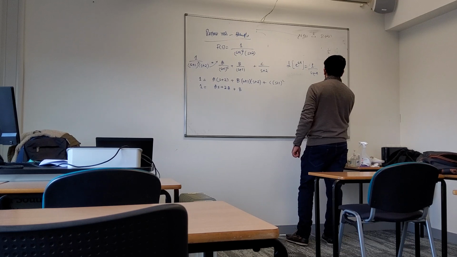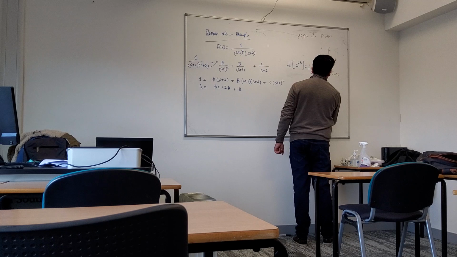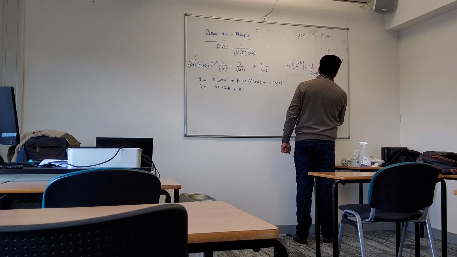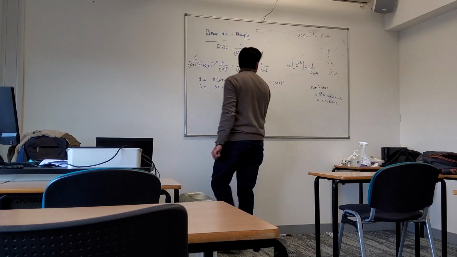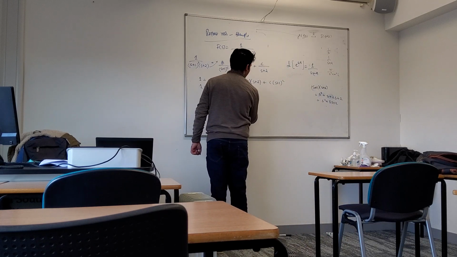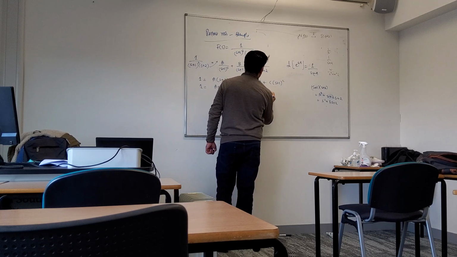S square plus s plus 2s plus 2. So it would be s square plus 3s plus 2, right? Okay, so it would be b s square plus b 3s plus 2b.